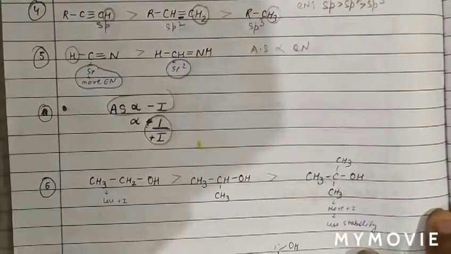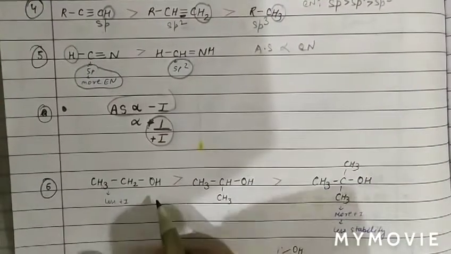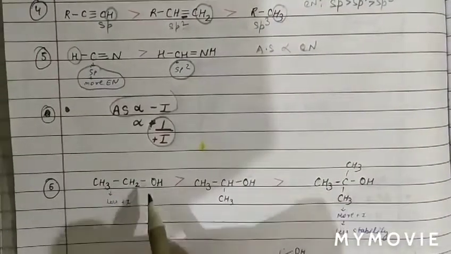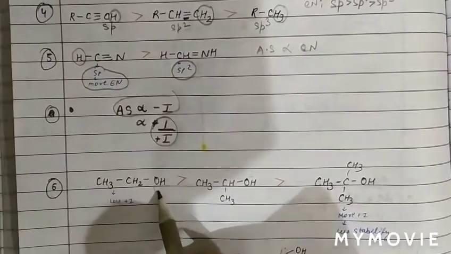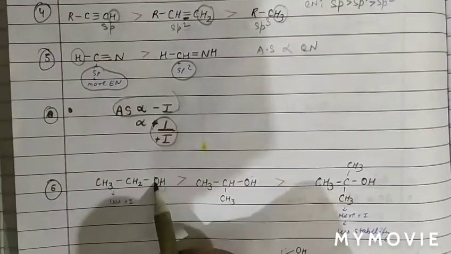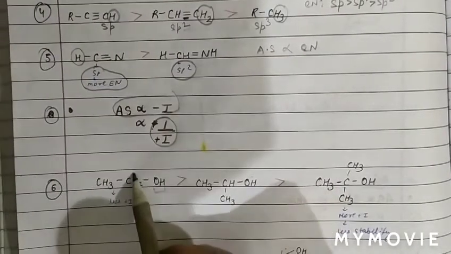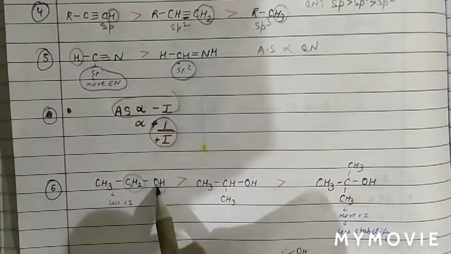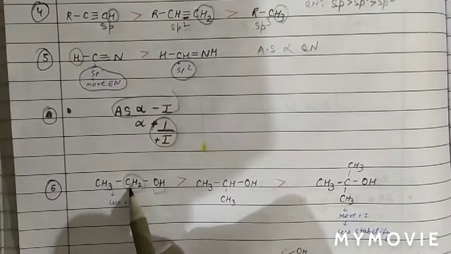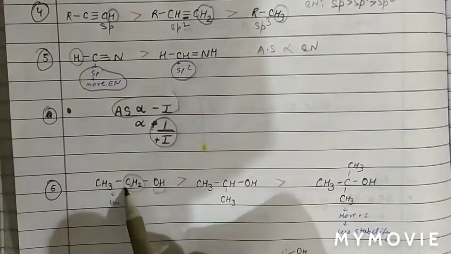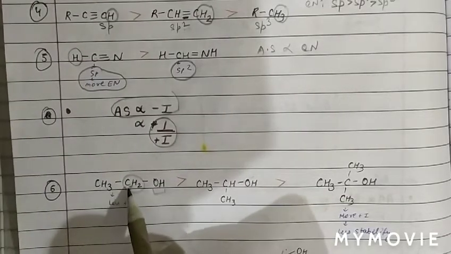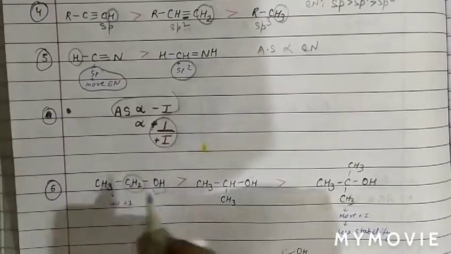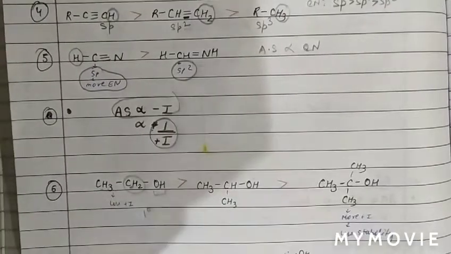The first question is, we have OH as a functional group, and the functional group is attached to which carbon atom? See the neighbor of that carbon atom. The neighbor of this carbon atom is only one, therefore it is 1 degree alcohol.